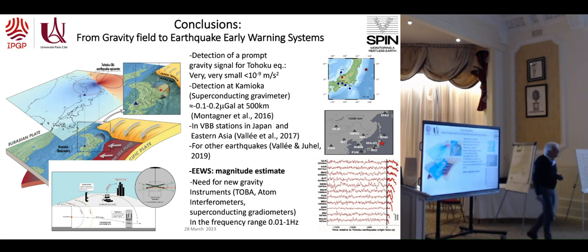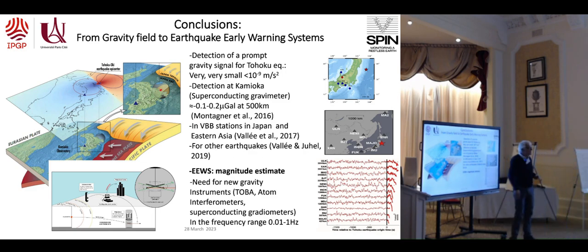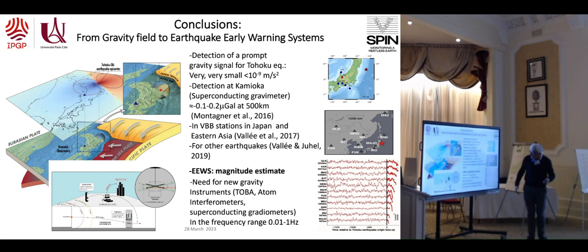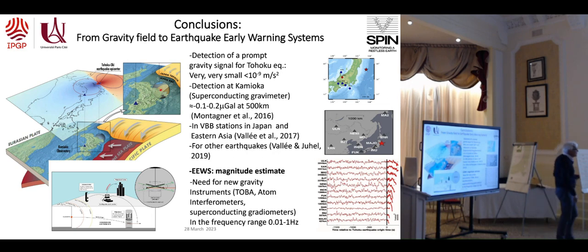Now we would like to implement this kind of detection for an earthquake early warning system. As I told you, the main interest is the very rapid estimate of the magnitude, which is impossible with classical techniques. But if we want to detect smaller earthquakes, we need new gravity instruments.